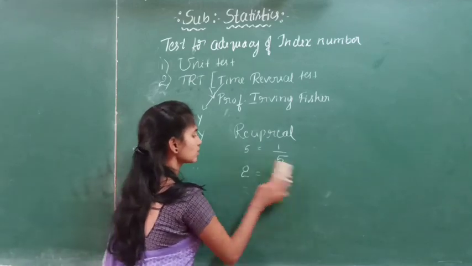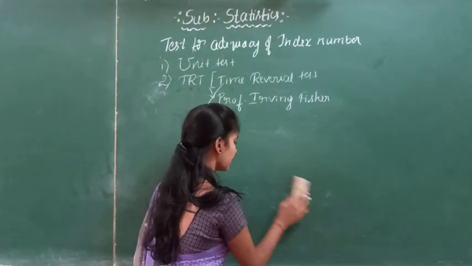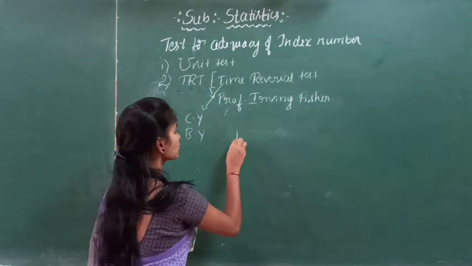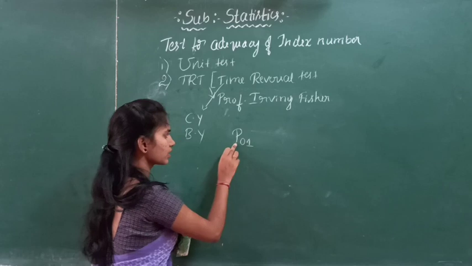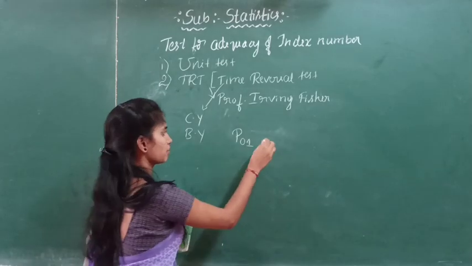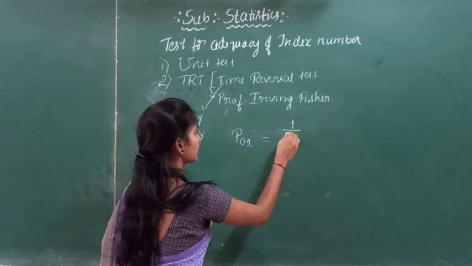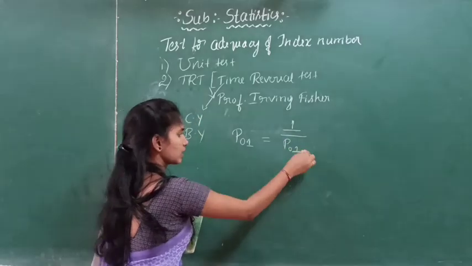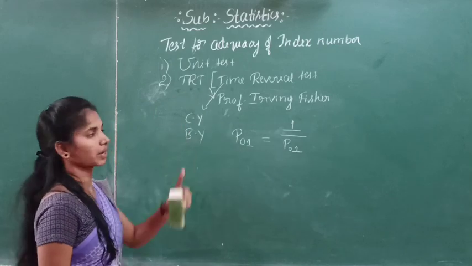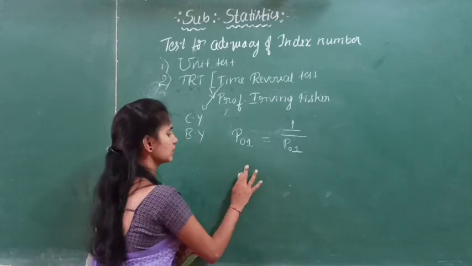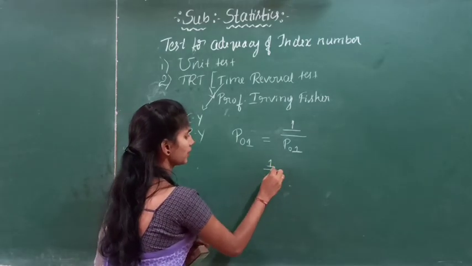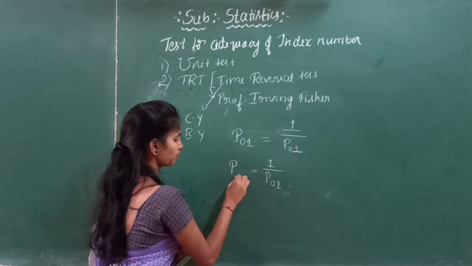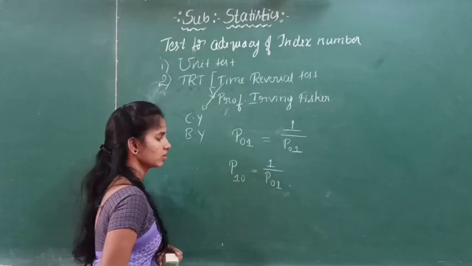In the same sense, in the time reversal test, the reciprocal of the price index number P01 is considered as 1 divided by P01. If it is time reversed, that is P10.